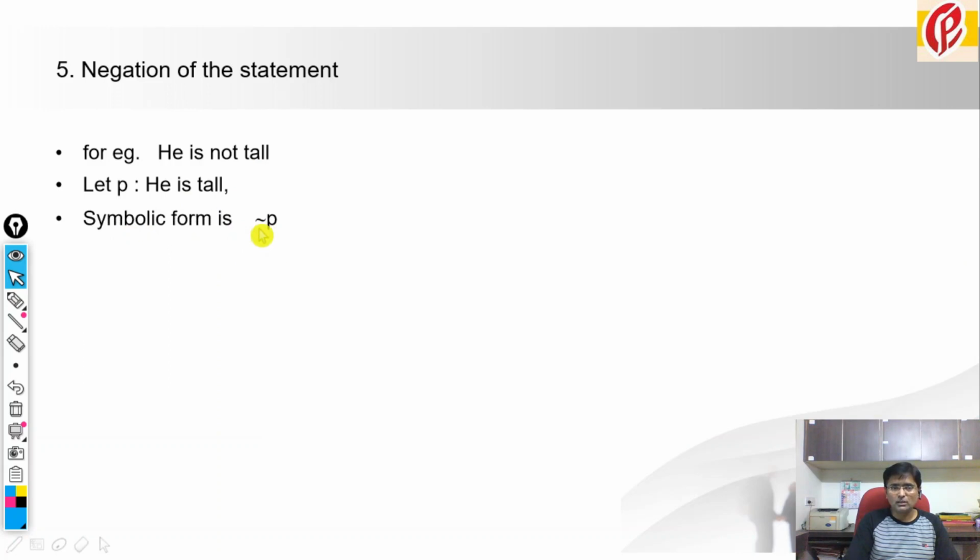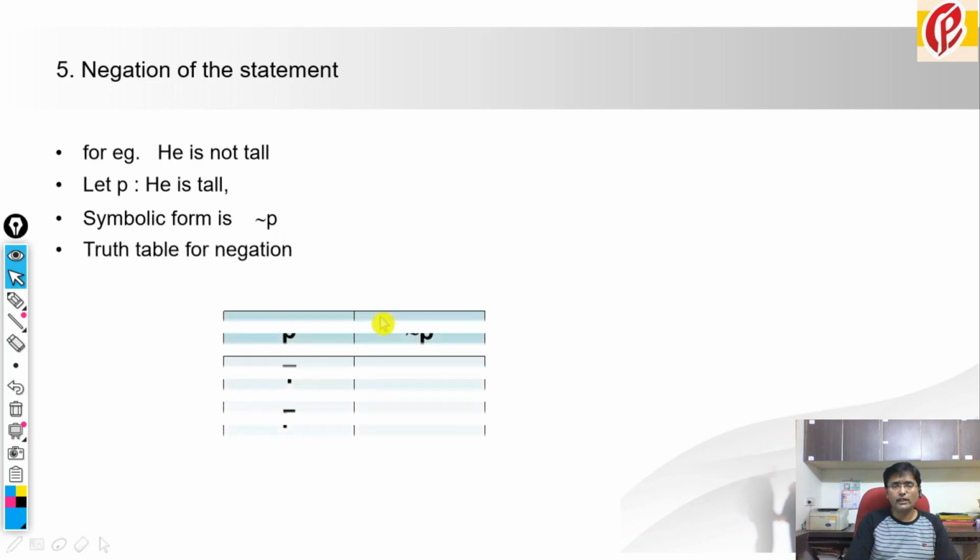This is the symbol of negation. Negation of P means not P. The meaning of this is, he is not tall. Getting this? So how to write the negation of a statement? First convert the statement into positive form, means let P be he is tall. Then the symbolic form is negation P, which means he is not tall.